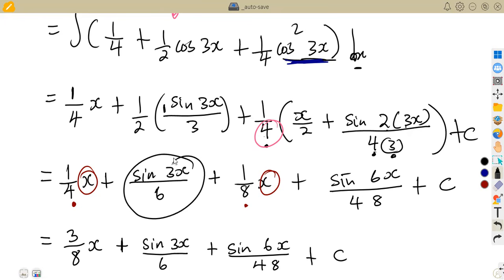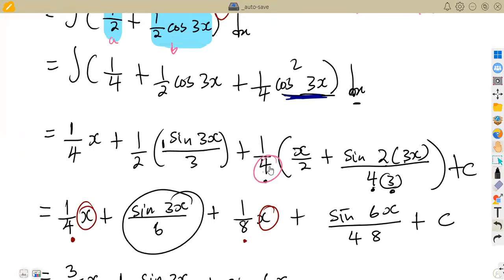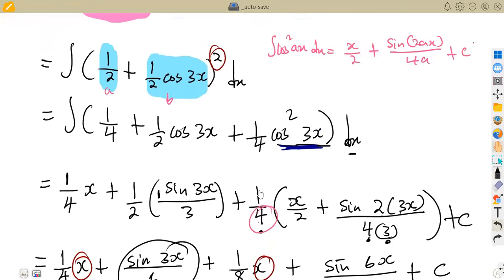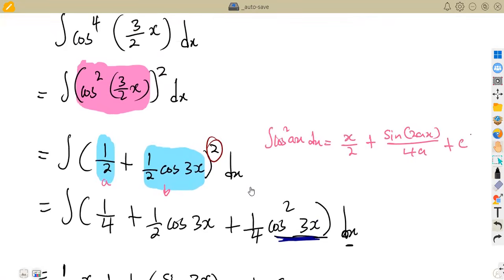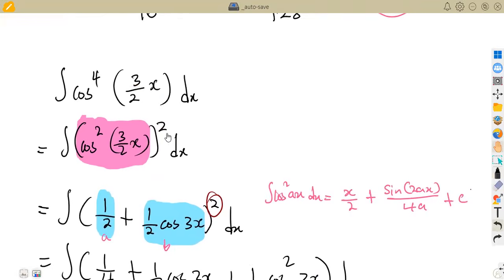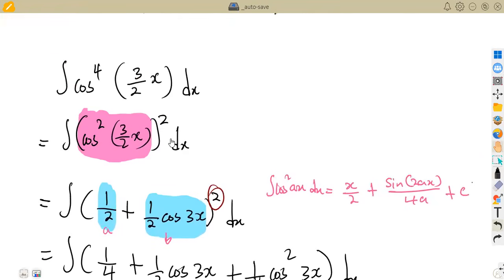All right, so that's it. We are done. There's nothing that you can do from this, okay? So this is how you play around with your integrals, all right? If you're given an even exponent, you have to choose your identities from the two that I gave you. When you're dealing with an odd number, you use the one for sine squared ax plus cos squared ax is equal to 1.